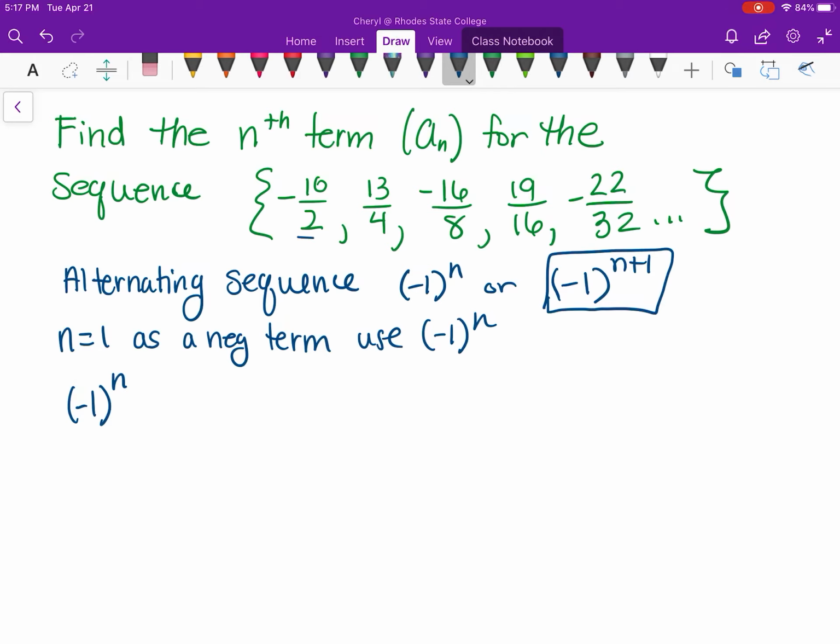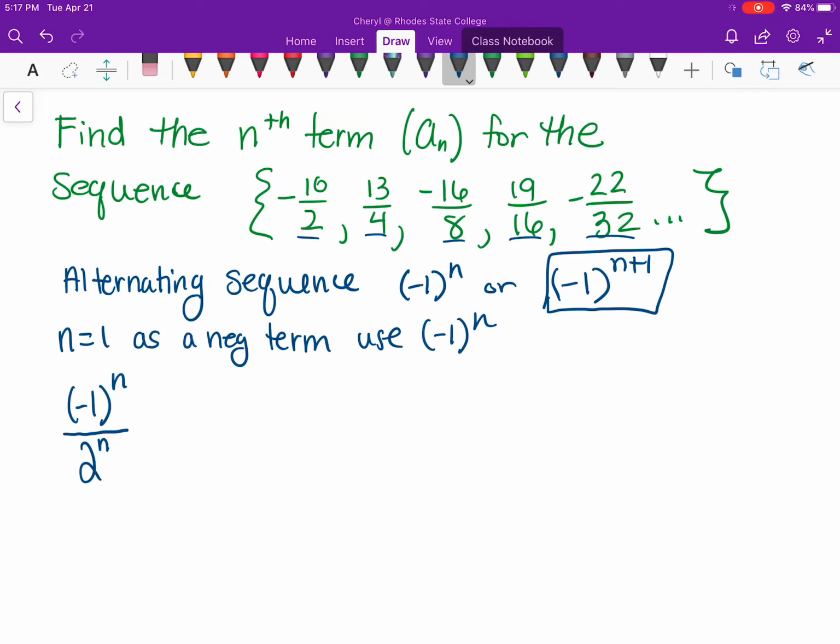The other thing that I notice, if I look at just the denominator of all of these fractions, is that everything keeps doubling. When you have something that keeps doubling, that means you have a factor of 2.